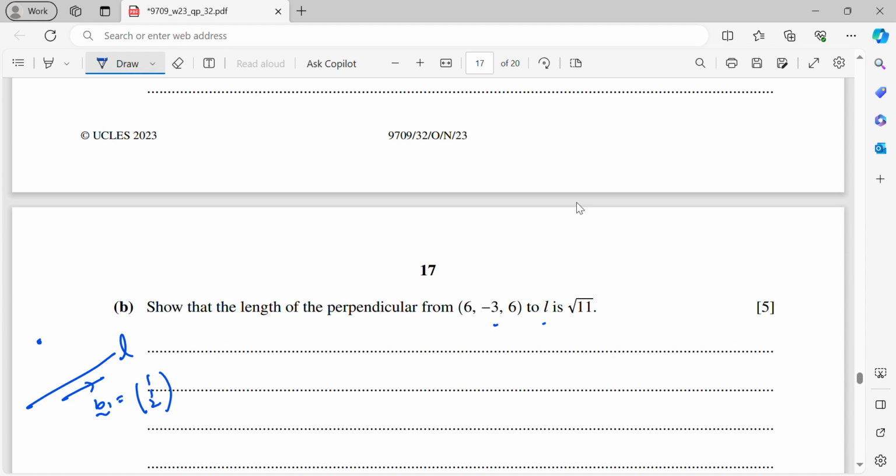Let's say this is the point (6, negative 3, 6). You need to find the length of the perpendicular from this point to the line. Let's say this is P, here is Q. Here is 90 degrees. Alright, so now let Q lie on L. That means OQ equals R for L.